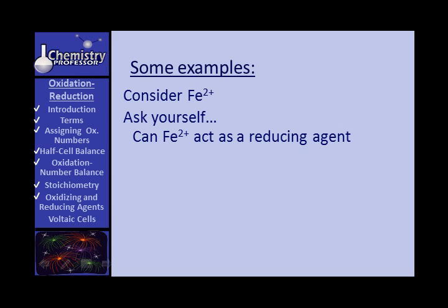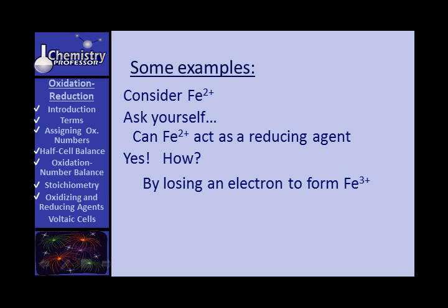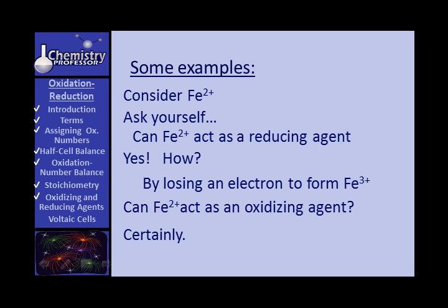Can the ferrous ion lose electrons? The answer is yes, it can. How? Because it can lose an electron to form the ferric ion. Okay. Well, can the ferrous ion act as an oxidizing agent? Can it gain electrons? And the answer is certainly. It can form iron with a 0 charge.